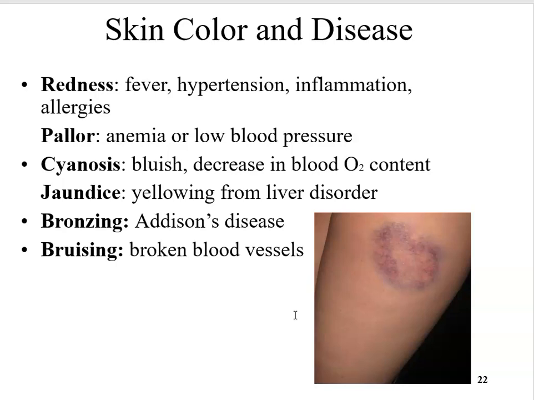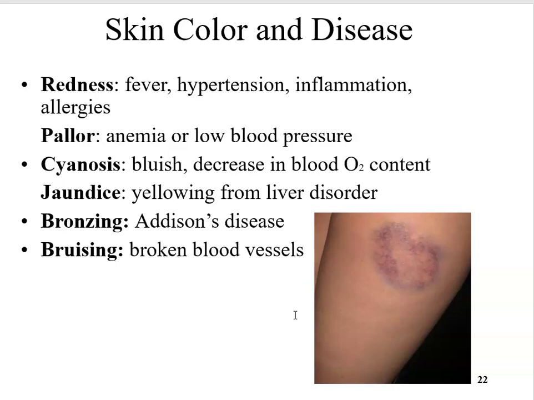Cyanosis is a bluish tinge, so not neon blue or turquoise, but just a slight, pale bluish color that's a result of decreased blood oxygen levels. Jaundice is one that you may have heard of. This is a buildup of bilirubin, which has a yellowish color to it.